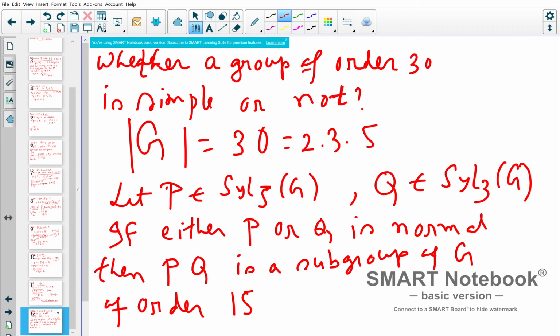So PQ is a subgroup of order 15, and hence PQ is a normal subgroup of G. Why is PQ normal in G? Because the index of PQ in G is 2, and it is known that any index 2 subgroup is a normal subgroup, because in that case left cosets and right cosets become the same. So in this case you are done.